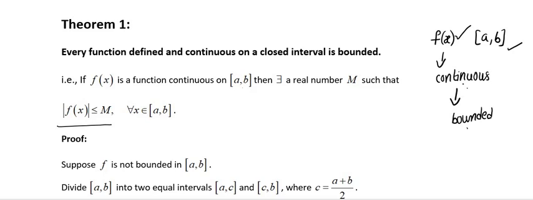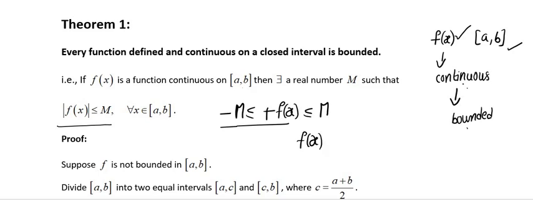Observe, whenever like this we can write negative of M less than or equal to f of x less than or equal to capital M. So, here take these two, then we are going to get f of x is greater than or equal to minus M. Here minus M is a real number because integers are also real numbers only. So, we have the bounded above definition.